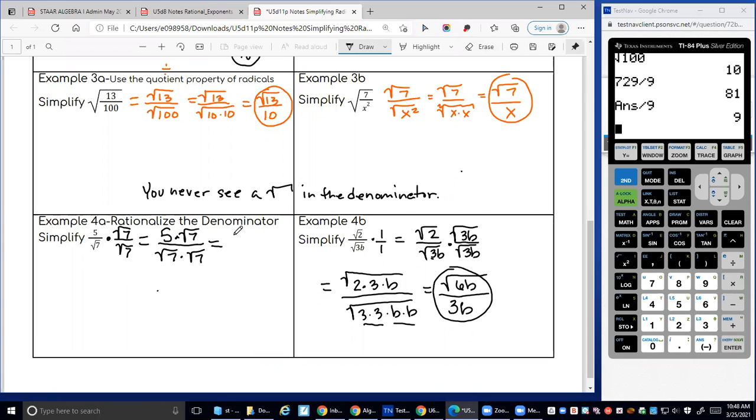So we end up with 5 times the square root of 7 over, notice how 5 was not in the radical, right? So you can't just place it underneath there. And over, you have a big giant radical with 7 times 7. That pair of 7s means that it can pop out, right? And you have 5 square root of 7 over 7.